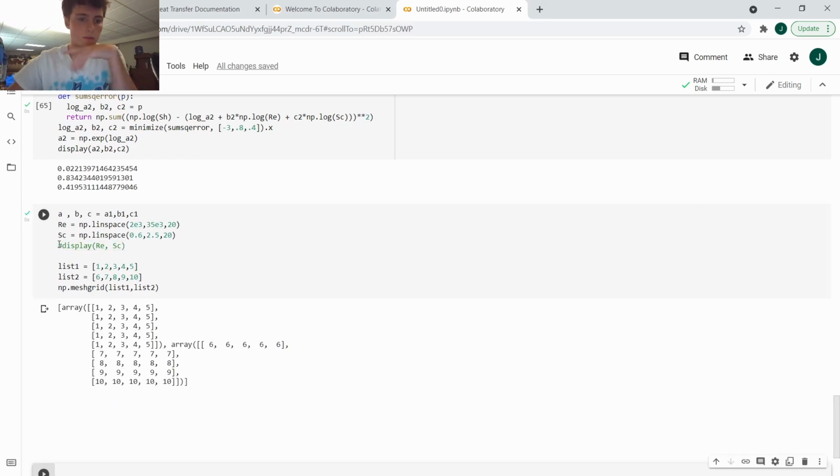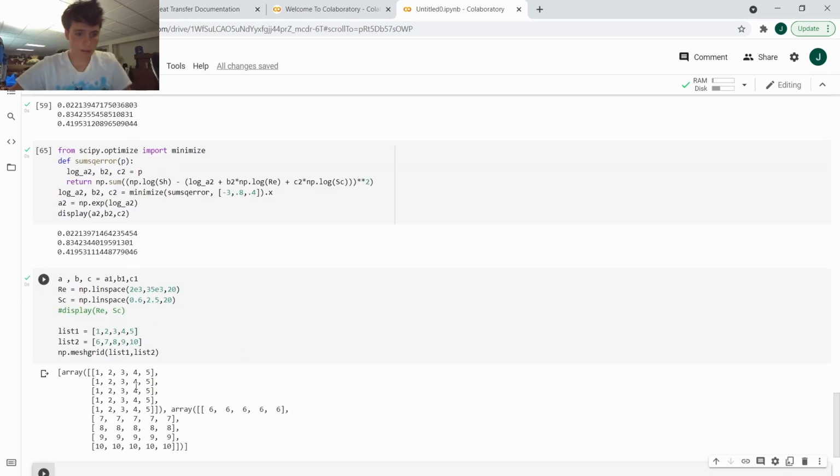So there it is. What it gives us is two different arrays, where the first array is taking list 1 and varying it through its entire range. And then the second array is the second list, but it's holding it constant.